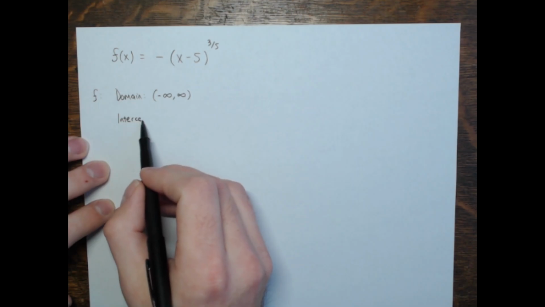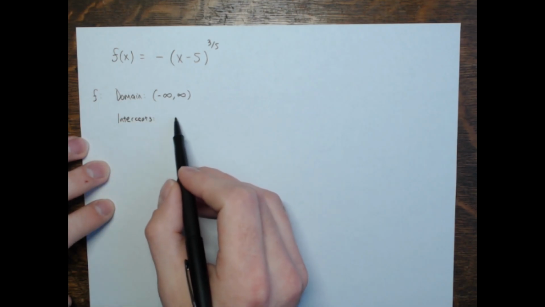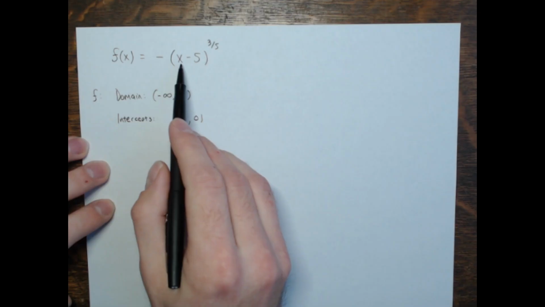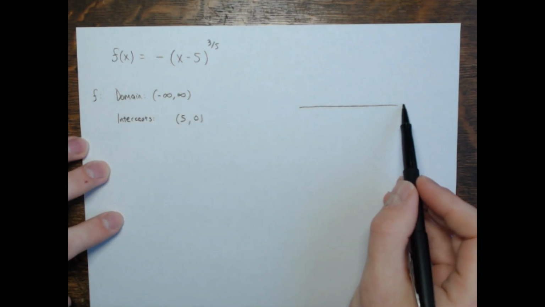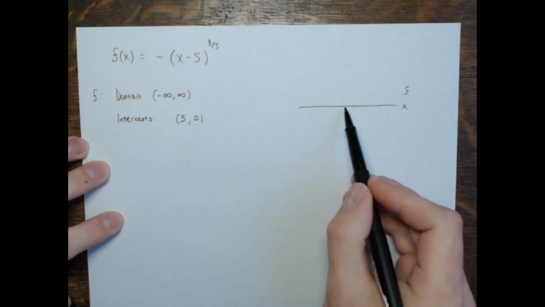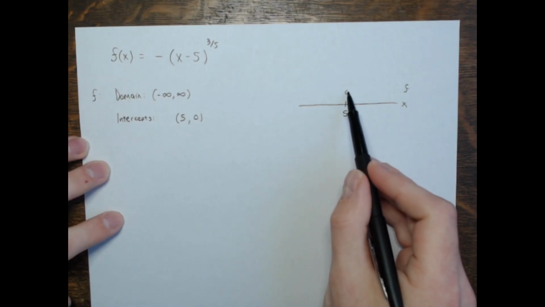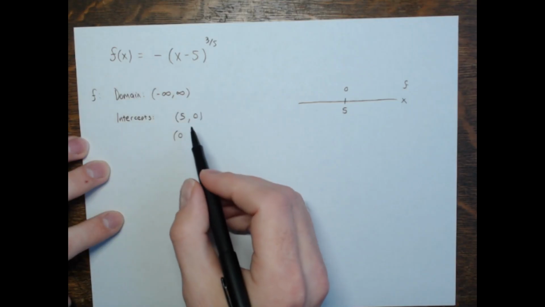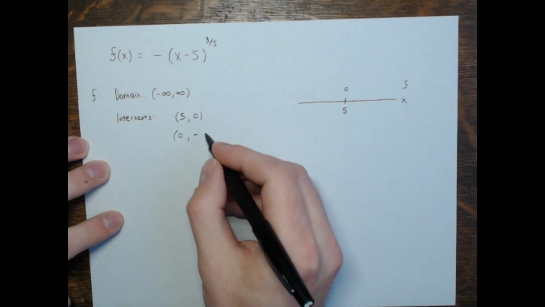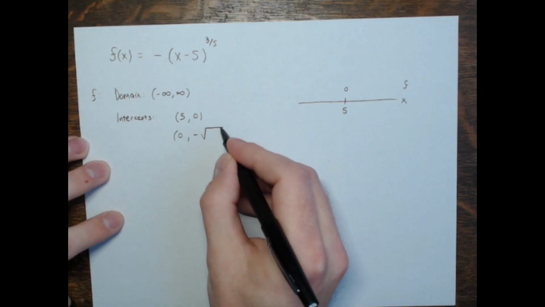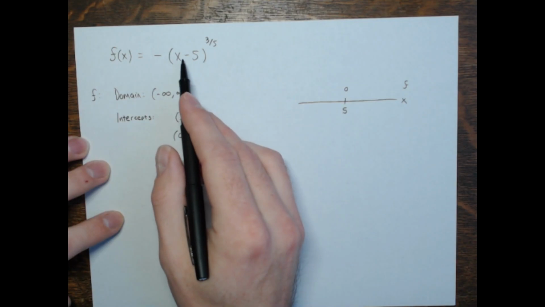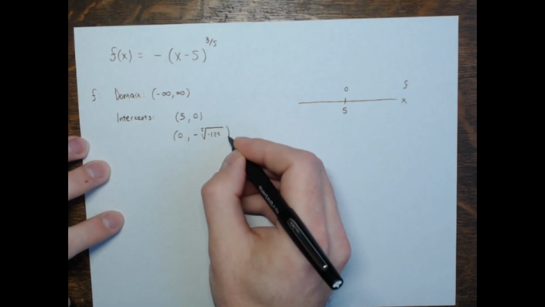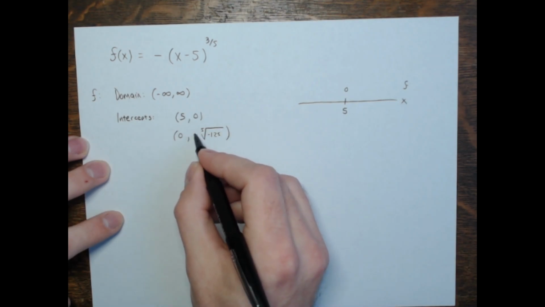Intercepts. Now, when x equals 5, the output would be 0. Hopefully that's clear. Make a little number line here. So when x equals 5, output 0. And then when x equals 0, I'd get negative 5th root of (-5) cubed, so -125, which is an odd root of a negative. I can pull the negative out.